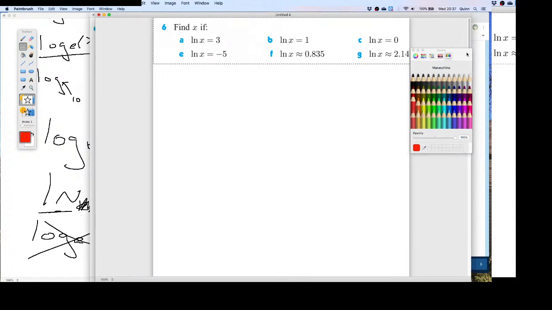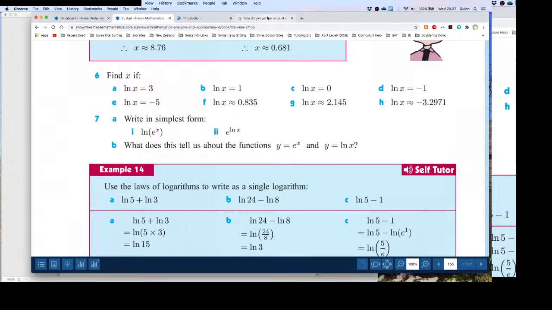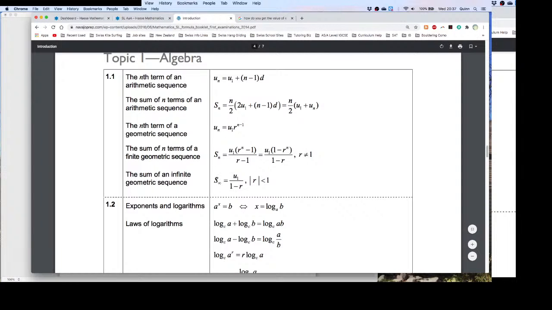All right, so we have this thing, ln x is equal to 3. To make it nicer, let's put the base e. And now it's up to you guys if you want to use the formula booklet to solve for this. So this is again this formula. Notice that whenever you want to solve for the b, you have to switch it back to the exponential form so that the b is free and loose to hang out here.